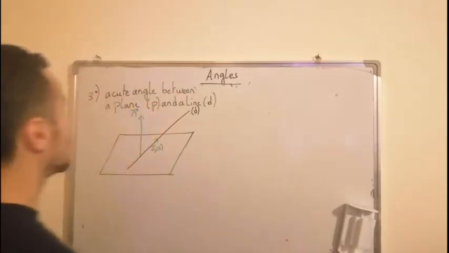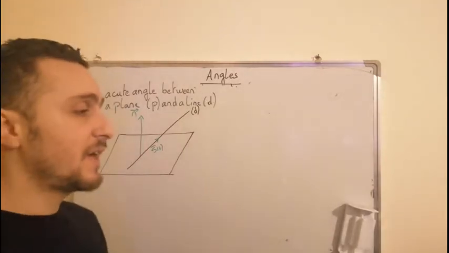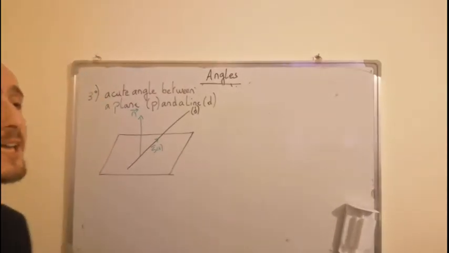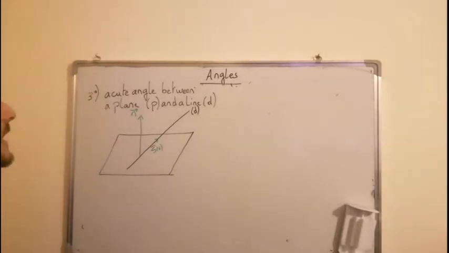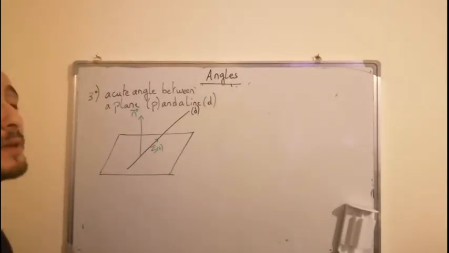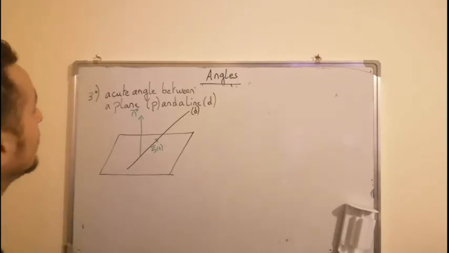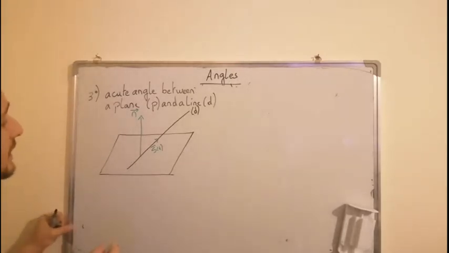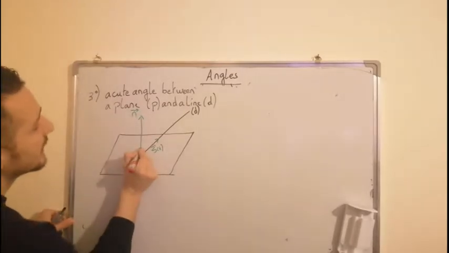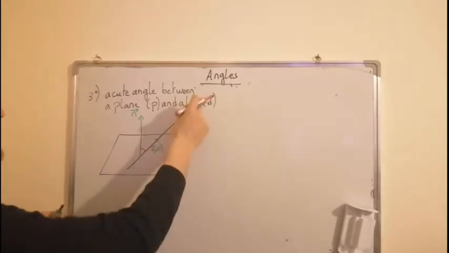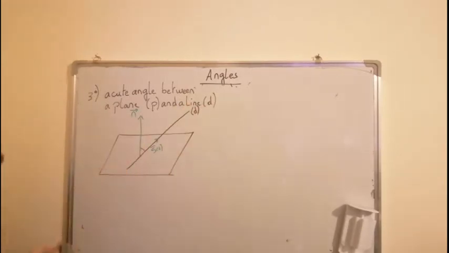We have to find the value of the angle between the line and the plane. Everyone here might think that this is the angle between the line and the plane.